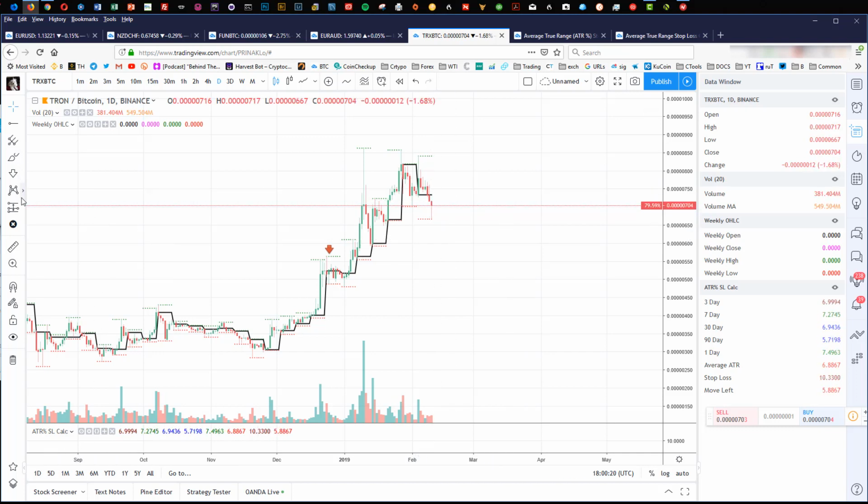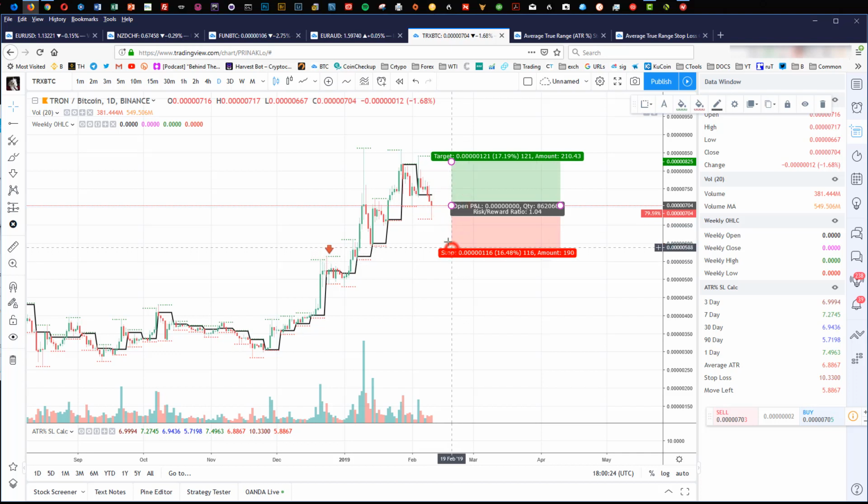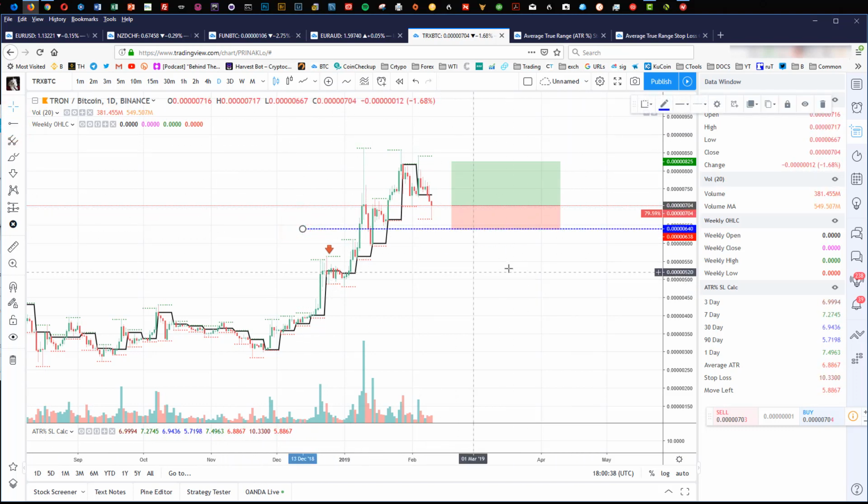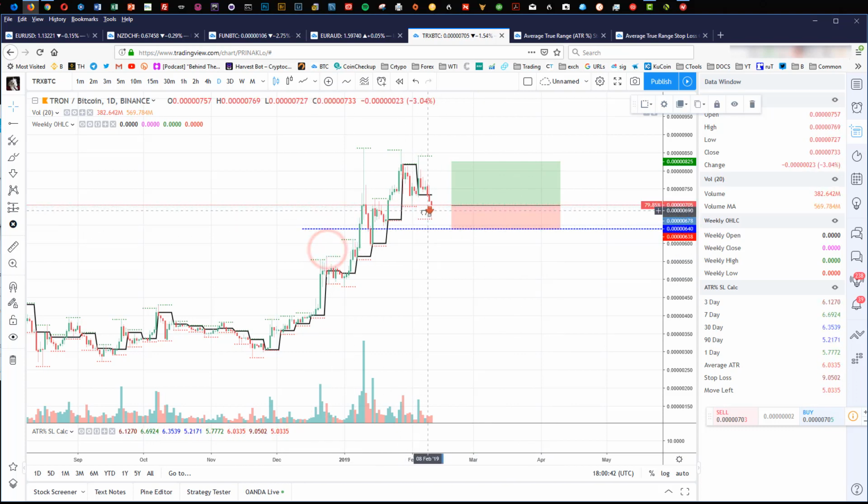So we'll go to the long tool and we'll say we're going to enter a position, and let's see where 9.39 puts us. So 9.39 puts us, and I'll use the horizontal ray. It puts us at a key level that's already been rejected here, which has been rejected today.